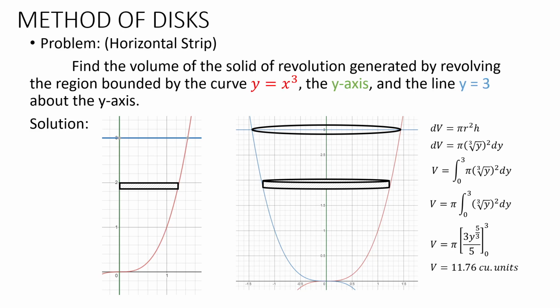Okay, so the answer is 11.76. I was waiting for my calculator because it took so long. Maybe it is faster to integrate manually than to wait for the calculator, right? So up until now, the answer is from the calculator.